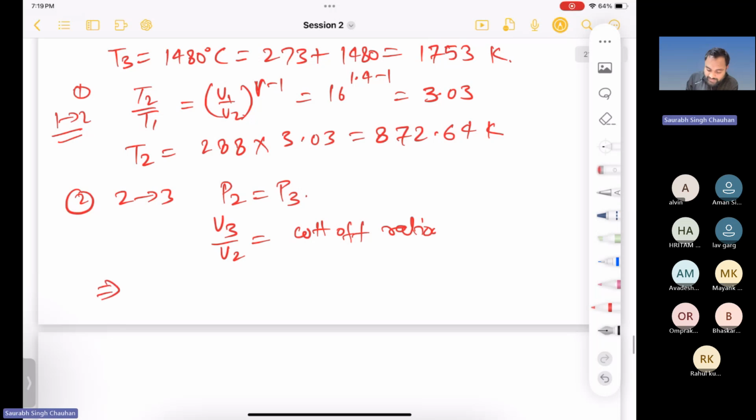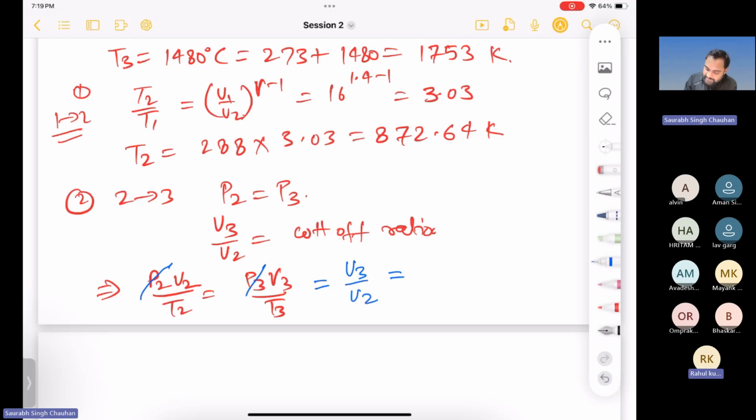So we can use the ideal gas equation, PV equals mRT. P2 V2 divided by T2 is equal to P3 V3 divided by T3, right? And this is a constant pressure process, so P2 will cancel out P3. Then V3 by V2 will be equal to T3 by T2.